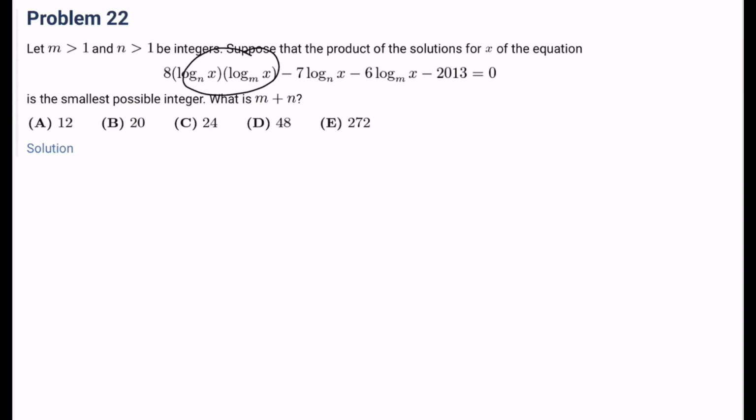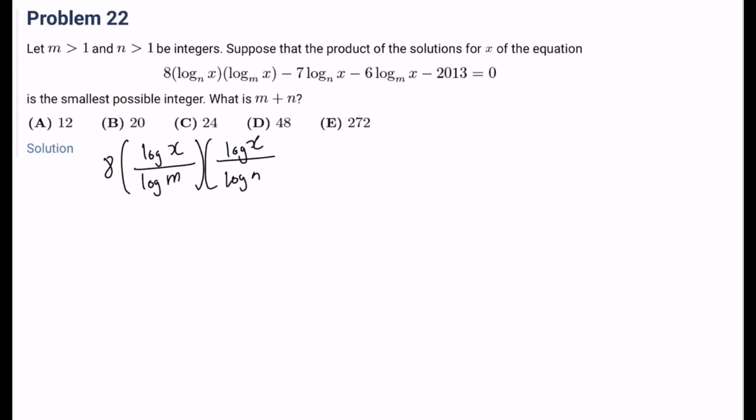Okay, so basically we can just make all of those have base 10. That's going to give us 8 times log 10 of m, which is just log m, under log x, times log x over log n, minus, and then log n of x is just going to be 7 times log x over log n, minus 6 times log x over log m, and then minus 2013.